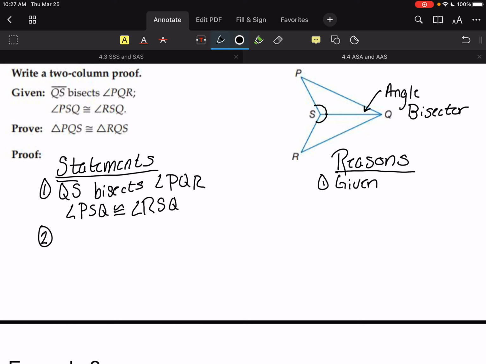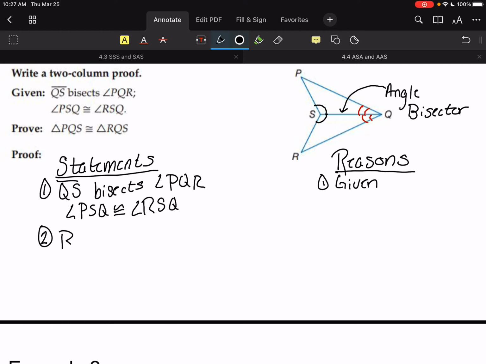So if I'm cutting that in half perfectly, and I'm going to move my line here so that I can draw some angles in here, that means the parts of my angle on both sides are congruent. So that means that PQS is congruent to RQS because of the definition of what an angle bisector is.